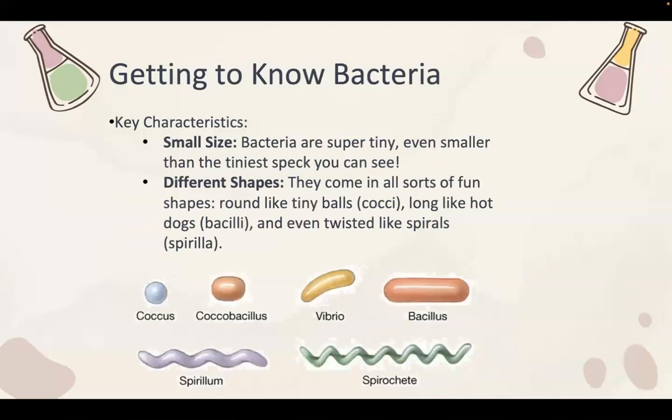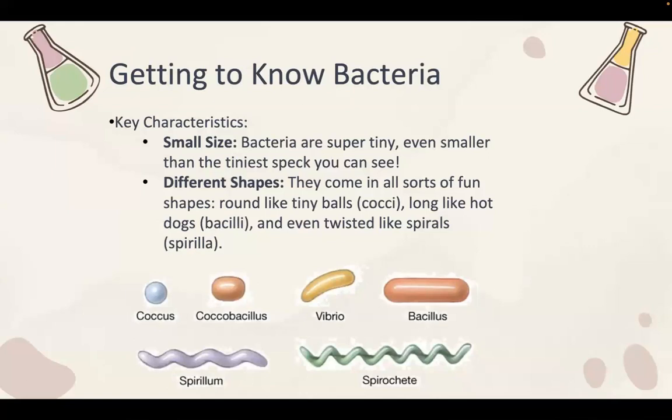So some key characteristics of bacteria, well, they are small in size. Fungi, we still can see some like mushrooms, but bacteria, unfortunately, we cannot see with our eyes. We need a microscope to see them, all right?